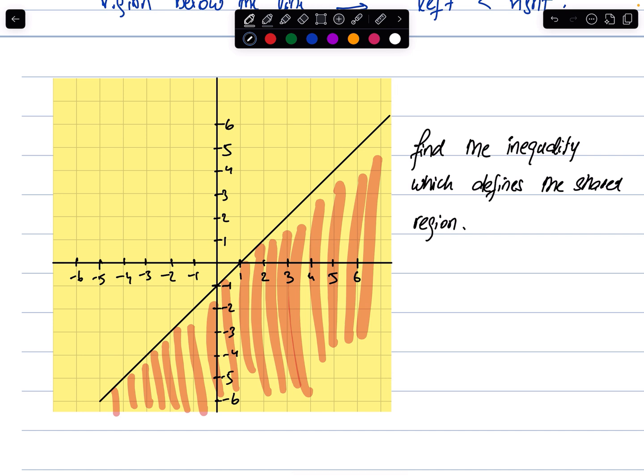ठीक है? तो मेरा बेटा अब तो इक्वेशन ही नहीं है हमारे पास, वी डोंट हैव द इक्वेशन ऑफ द लाइन, हाउ डू वी टर्न इट इनटू एन इनइक्वालिटी? तो फिर understand that whenever you have a line or lines in a question and you want to find out the inequalities satisfying any given region, तो मेरा बेटा आपको सबसे पहला काम ये करना है कि आपको उस लाइन की इक्वेशन फिगर आउट करनी है. सो द फर्स्ट थिंग यू वांट टू डू इज आइडेंटिफाई the equation of each line.